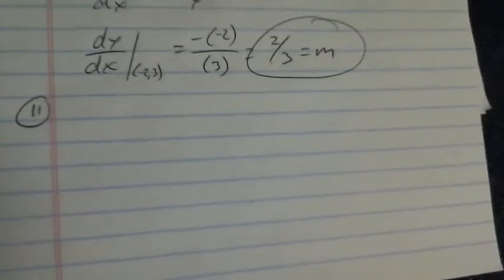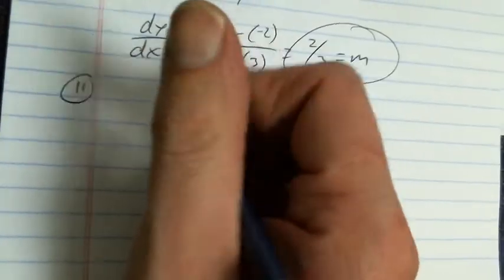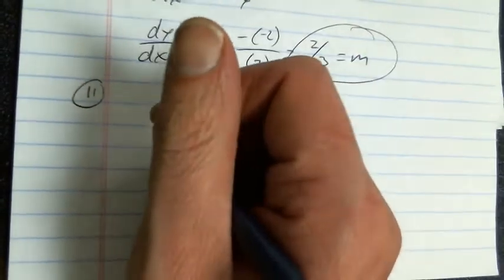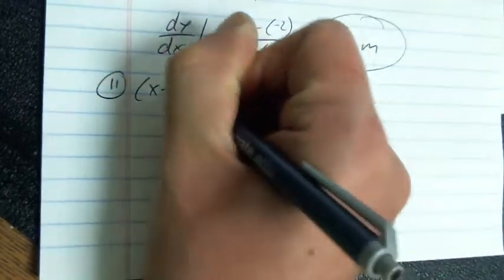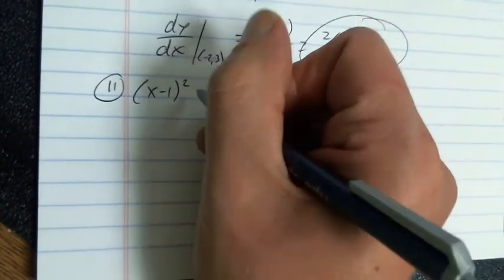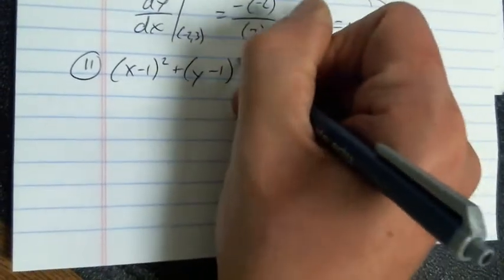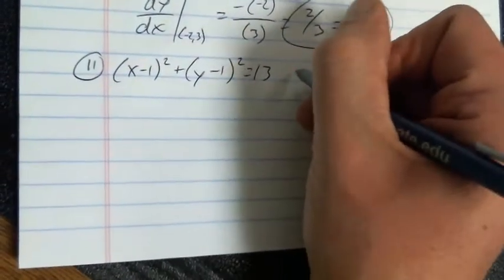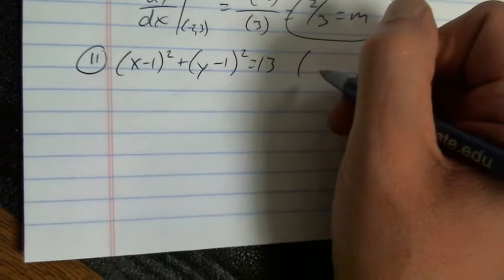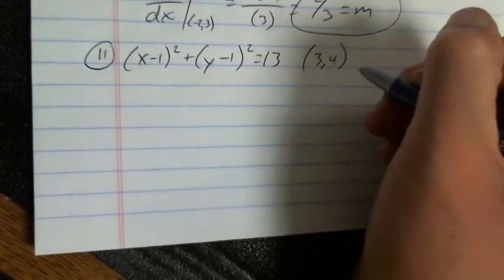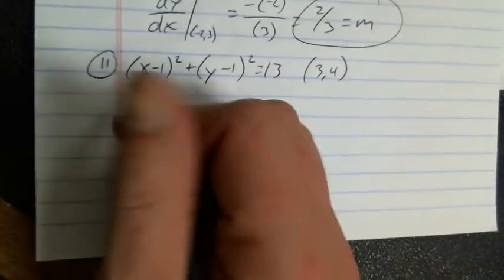Let's see. We've got, oh, nice little circle again. Same size, just moved to the right one and up one. So that's x minus 1 squared plus y minus 1 squared equals 13. I want our slope at the point 3, 4. We take our derivative.